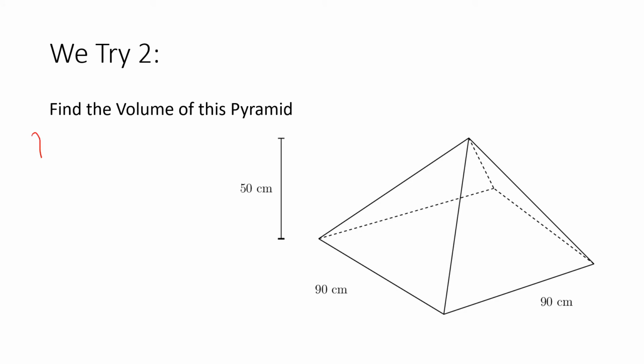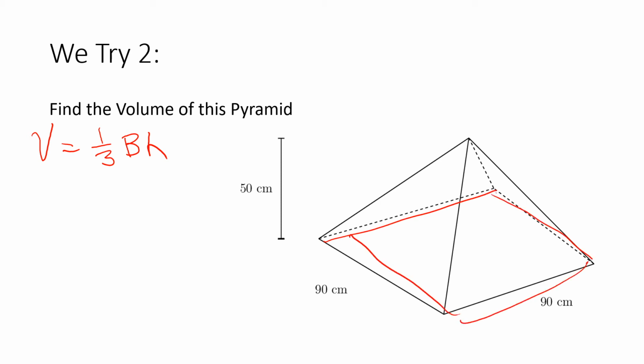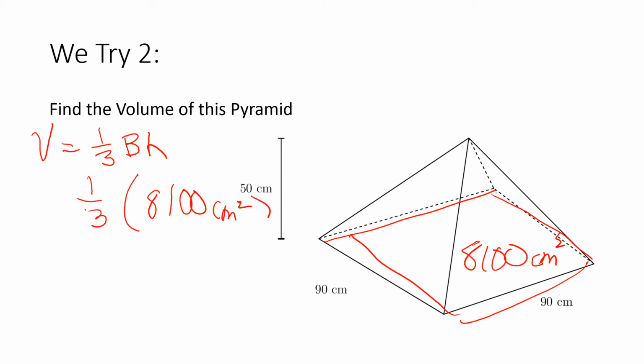So the volume is equal to 1/3 times the base times the height. This base is a square, right? And what's the area of the square? Well, 90 times 90 is 8,100 centimeters squared for the base. And what's my height?